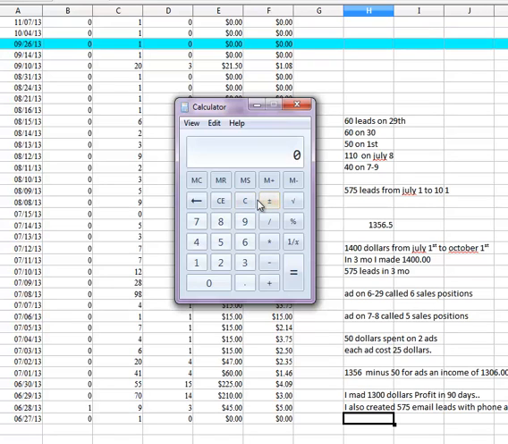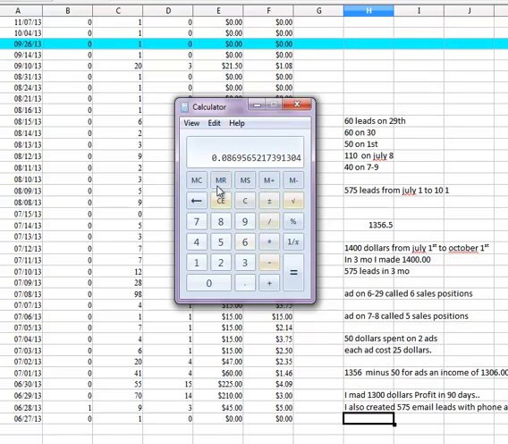So I spent $50, and I got 575 leads. Do I divide 575 into 50? I'm not sure how to do this. Divided by 575 equals 8 cents. Does that sound right?